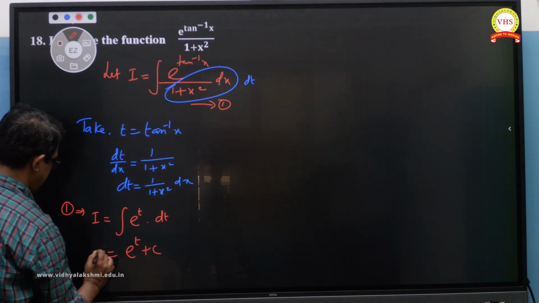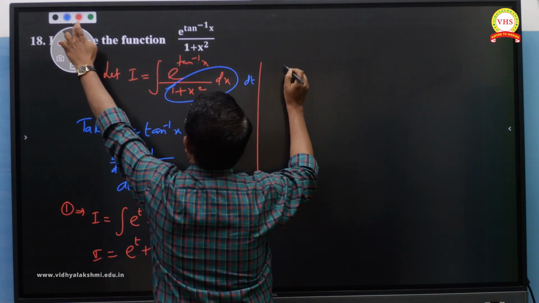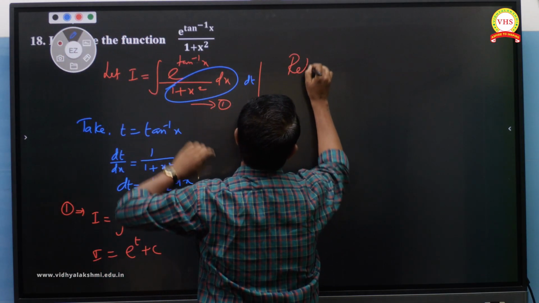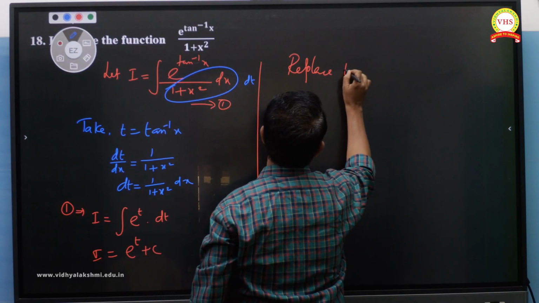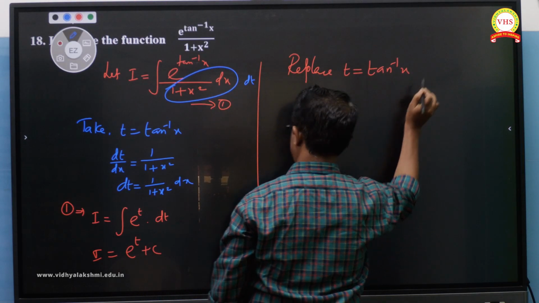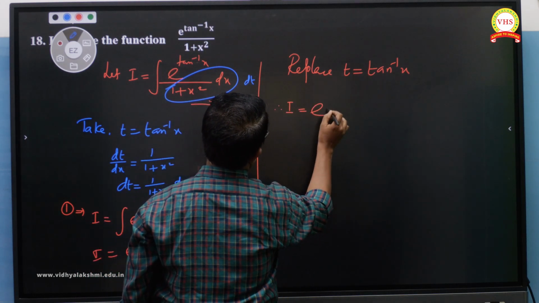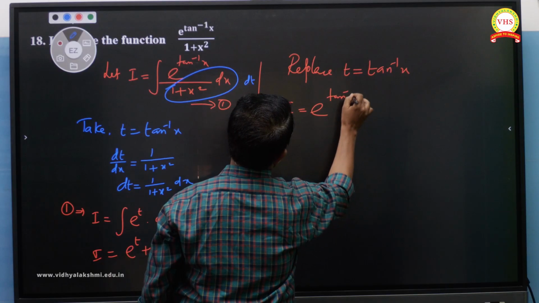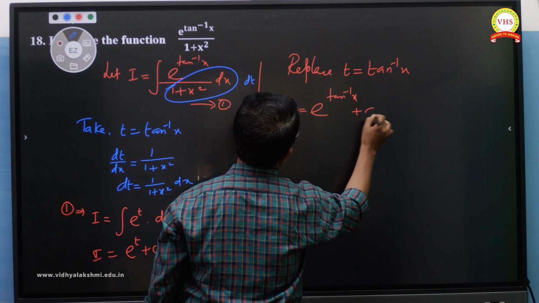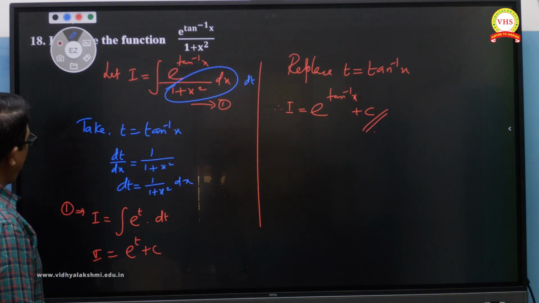Finally replace t equal to tan inverse of x. Therefore I equal to e power tan inverse of x plus c. This is the answer for the given sum.